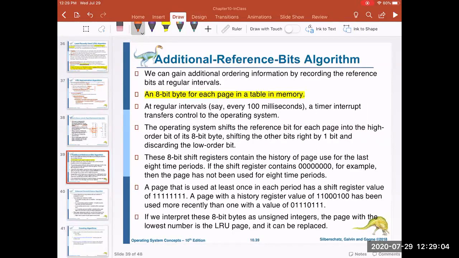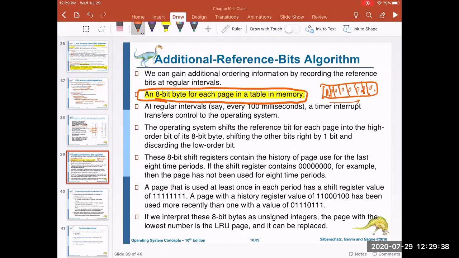Now another algorithm, which is just an extension of it: rather than keeping 1 bit, we keep an 8-bit byte for each. So 8 bits are used for each page frame, and initially they are all 0. Whenever a page is referenced, the most significant bit is made 1, and then it is shifted towards the right.